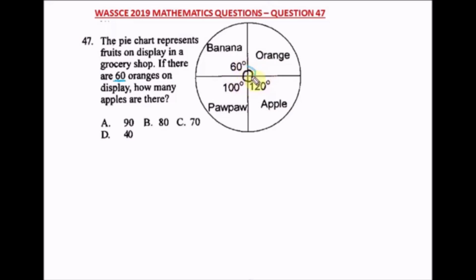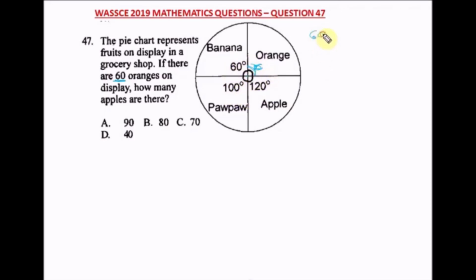The degree allotted to orange, all we need to do is use the total sum. Let's use an X. The sum of angles at the point is 360.